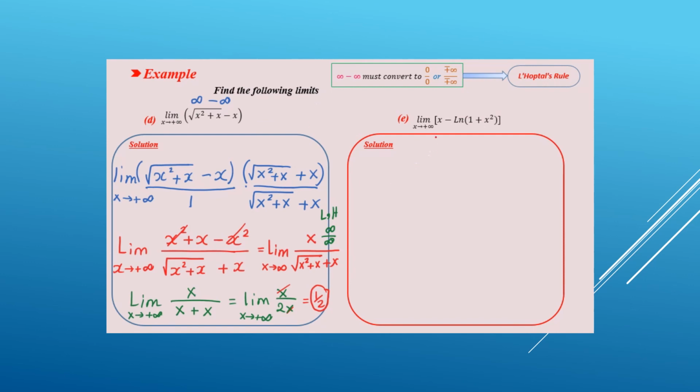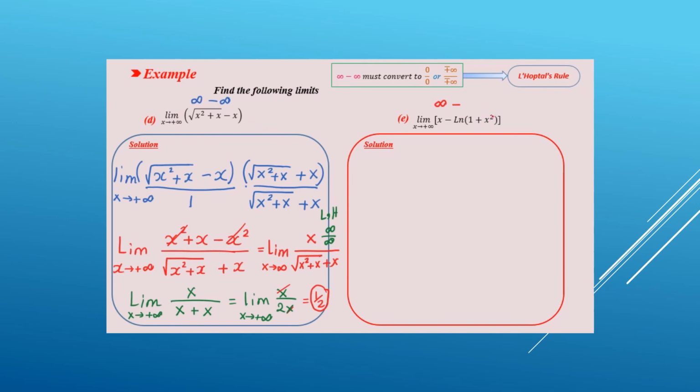For part E, you have to find limit x minus ln of 1 plus x squared when x goes to positive infinity. If you replace infinity here, you will get infinity minus ln of 1 plus infinity. Now this is a polynomial, so you have to take the highest power when you want to find the limit at infinity.